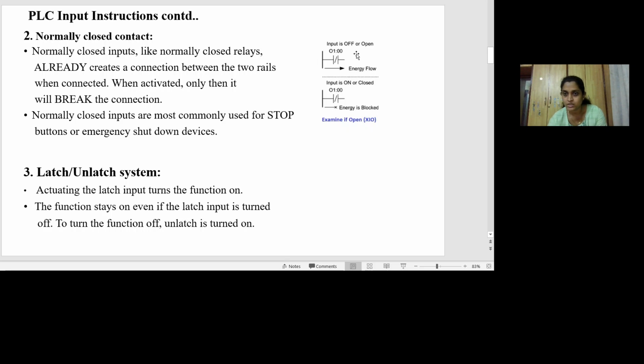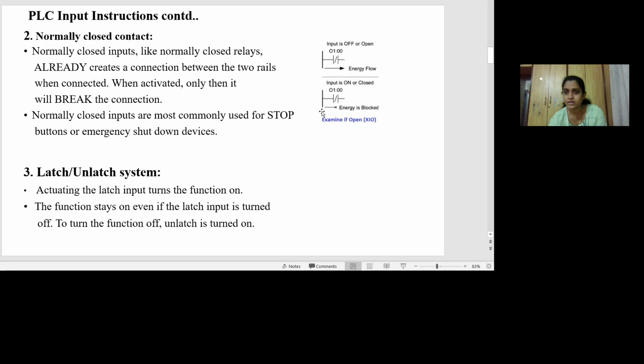That corresponds to this first image here. Because the contact is closed, there is a connection between the two rails, and hence current will flow from one rail to another rail.